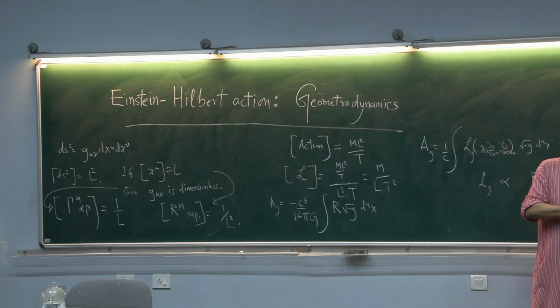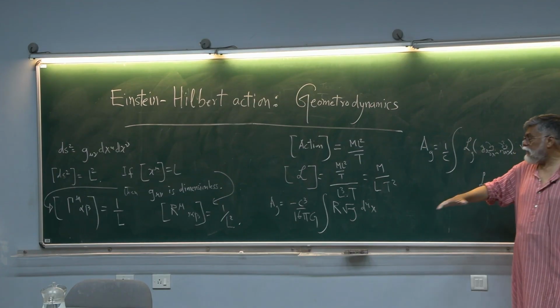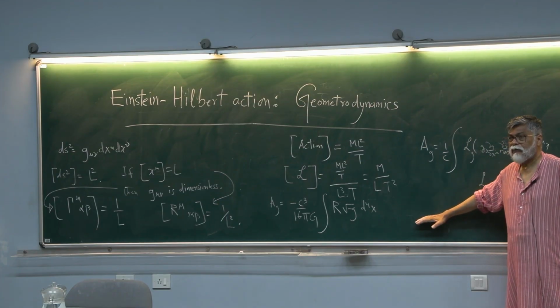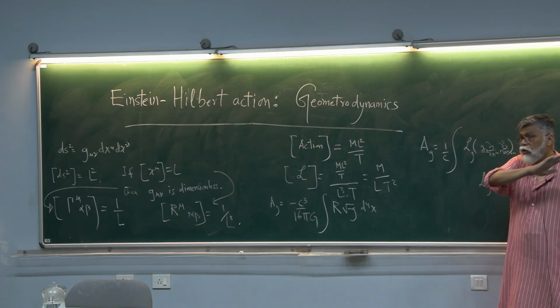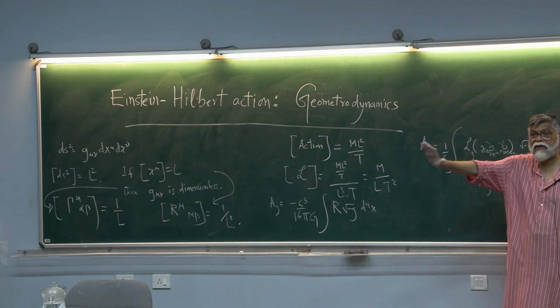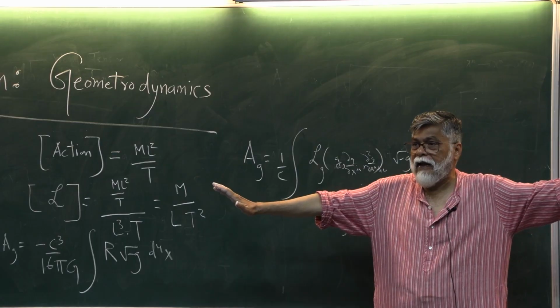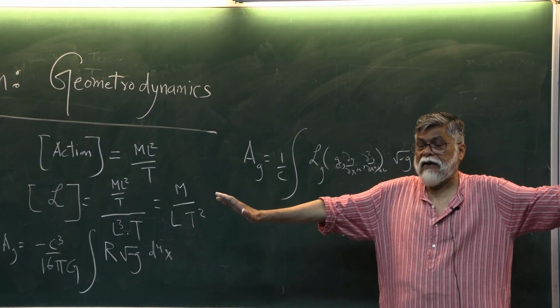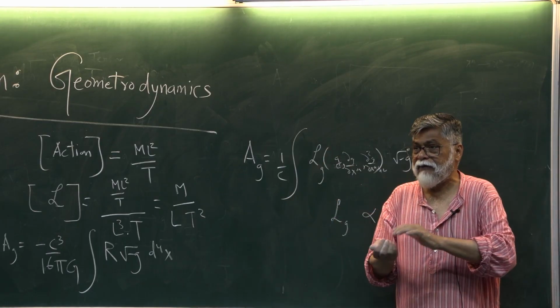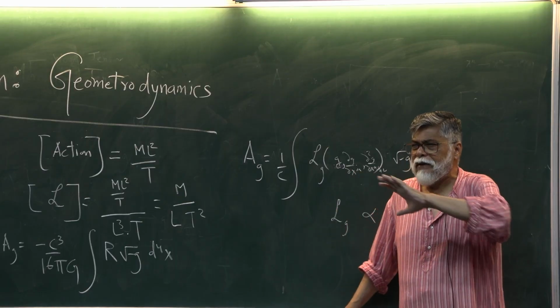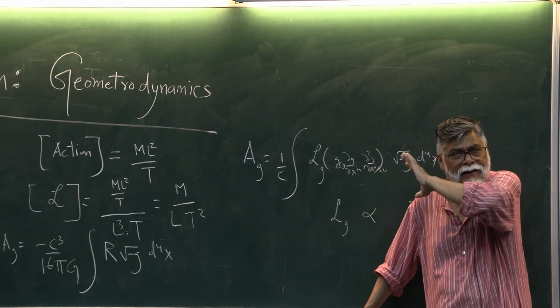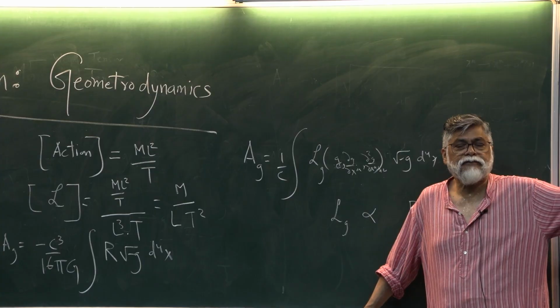But the beauty of Einstein and Hilbert's approach was that no new parameters were introduced. Absolutely no new parameters. The entire general relativity was constructed without introducing any new parameters.